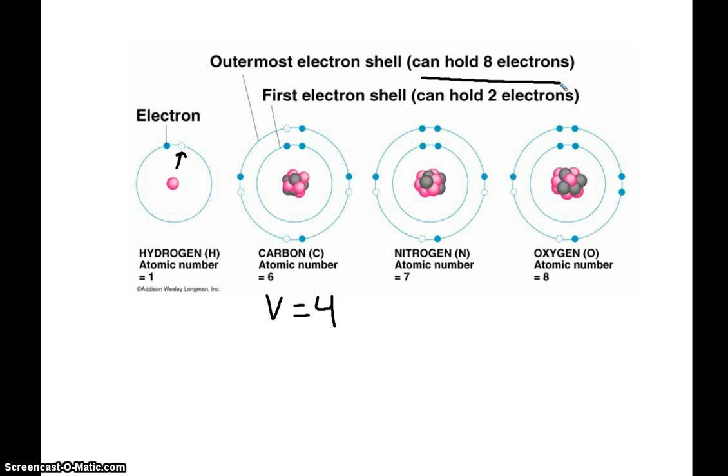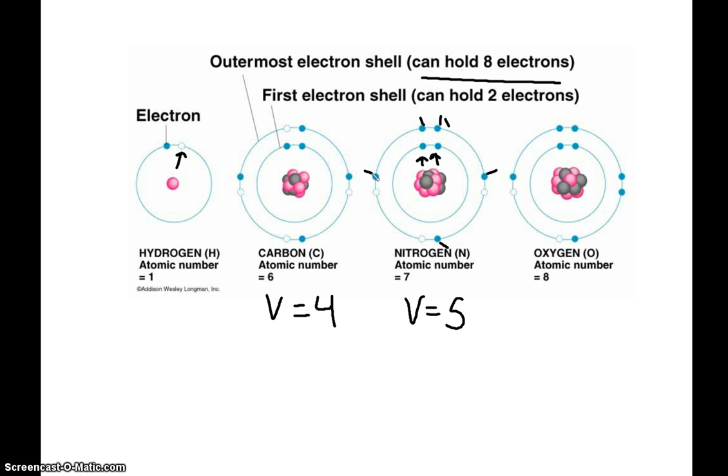Nitrogen, which has 1 more electron than carbon, has 2 on the inner shell, but a total of 7, so it has a valence of 5. There are 5 electrons on the outer shell.